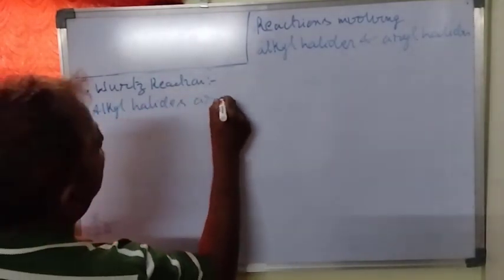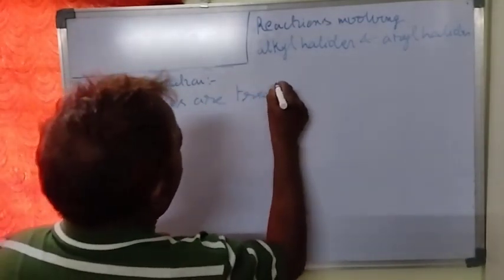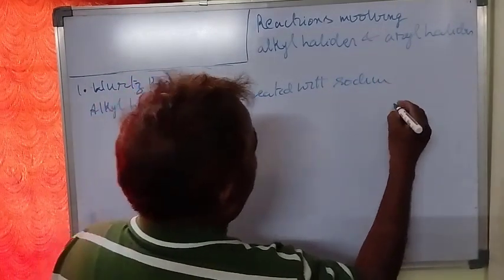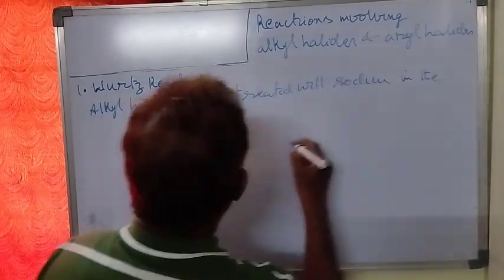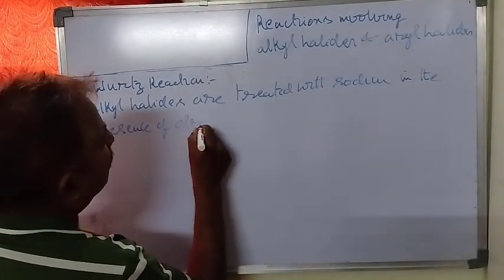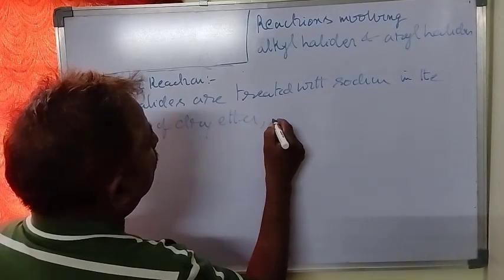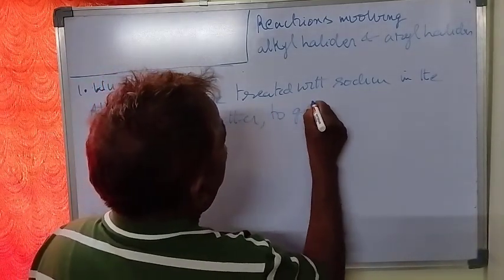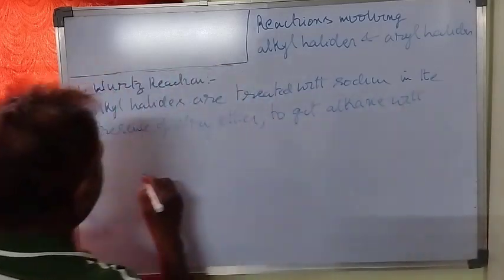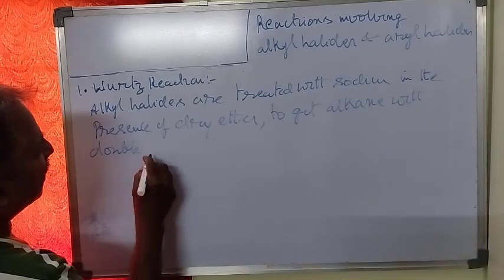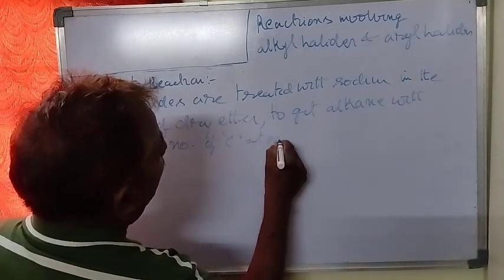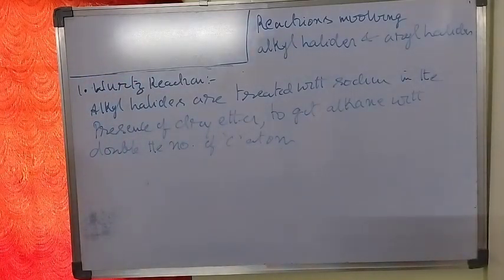Alkyl halides are treated with sodium in the presence of dry ether to get an alkane with double the number of carbon atoms.